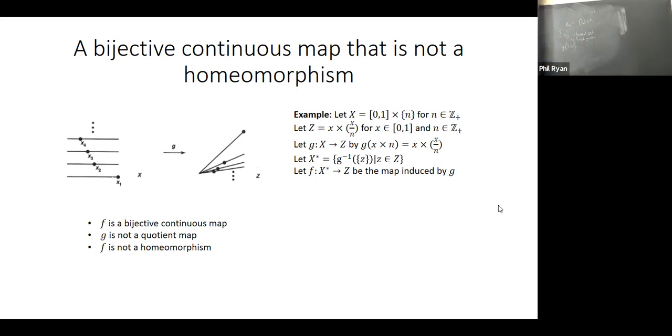This point gets sent to there, that to there, that to there. It's no longer a closed set, because (0, 0) is a limit point. And so we've got a topological property which is not preserved. So it can't be a homeomorphism.